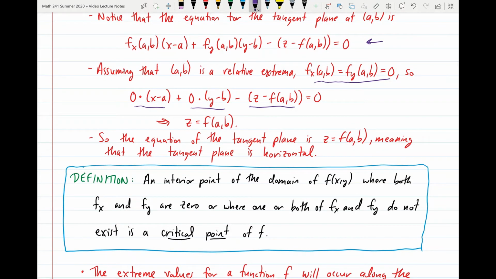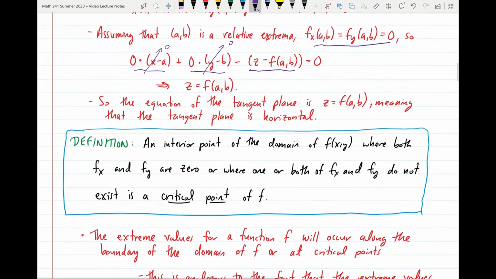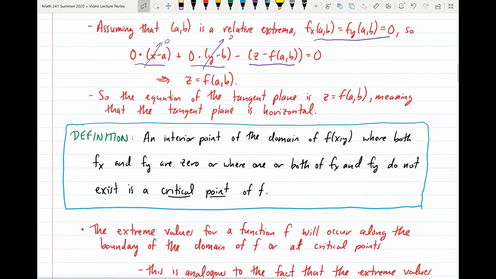Well, these terms are both going to go to 0, and we're just left with the equation z is equal to f of (a, b), where f of (a, b) is just some constant, whatever pops out of the function when I put in (a, b). And this is the equation for a plane that is perpendicular to the z-axis, or another way to think about it is a plane that is horizontal in space.